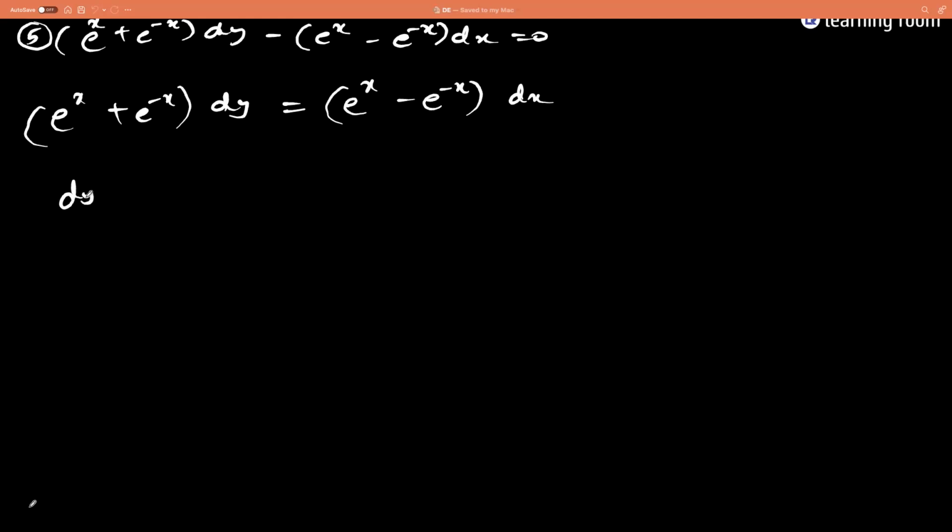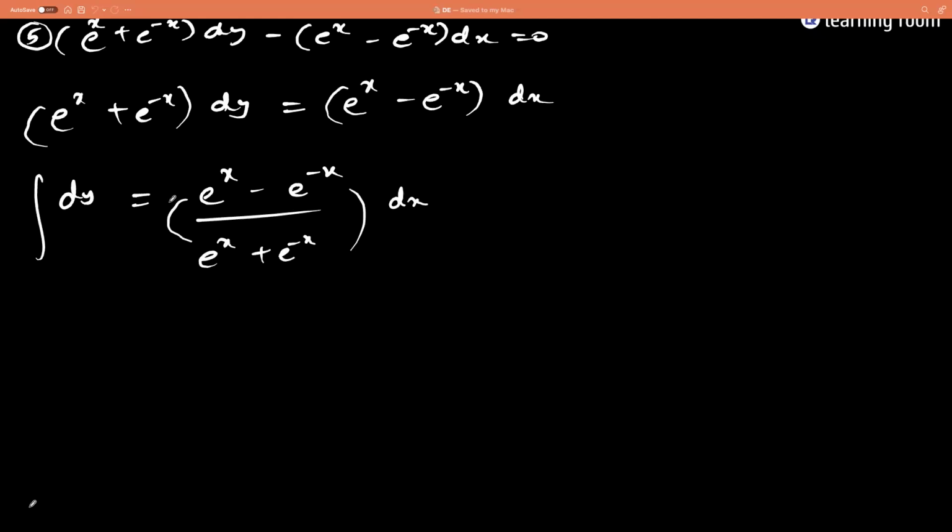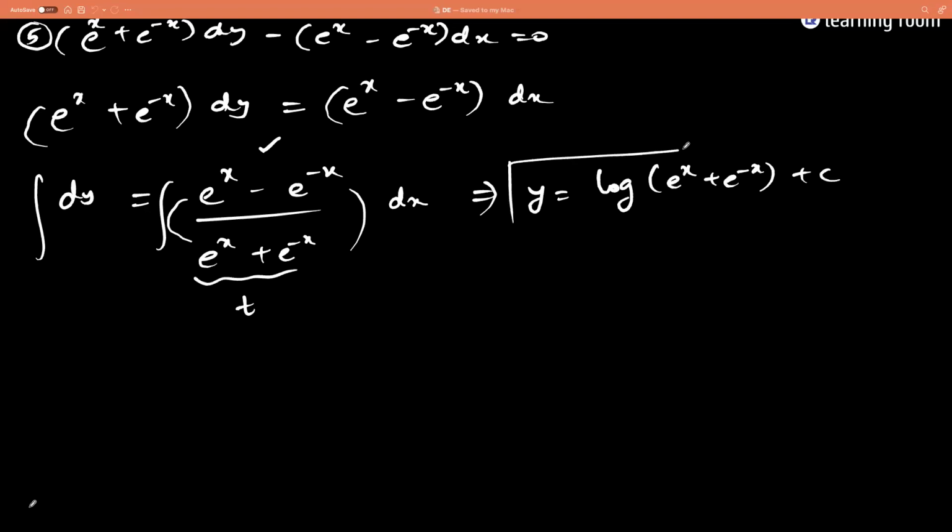So dy is equal to e power x minus e power minus x divided by e power x plus e power minus x times dx. So integrating on both the sides, we get y is equal to, here if you observe, if I take the denominator to be t, the numerator is dt. So y will be equal to log of e power x plus e power minus x plus c. And this will be the required answer.